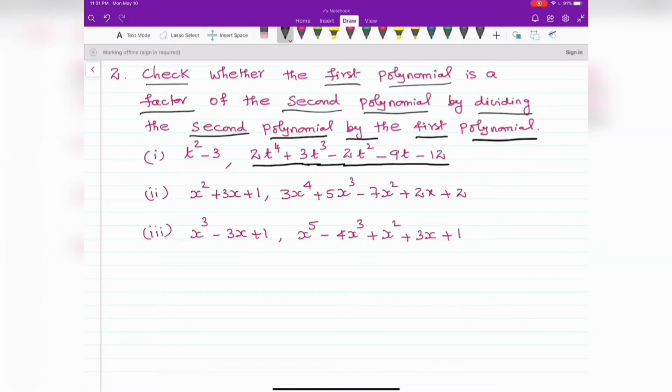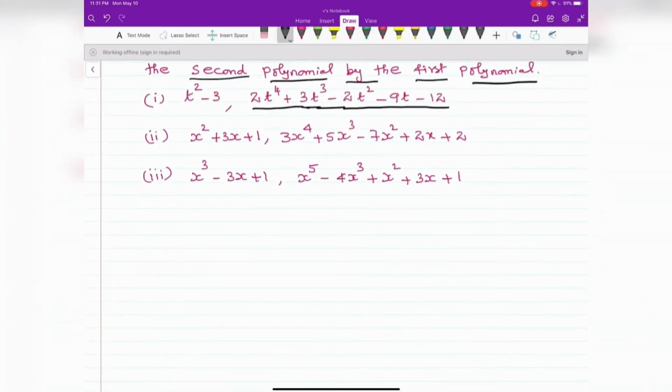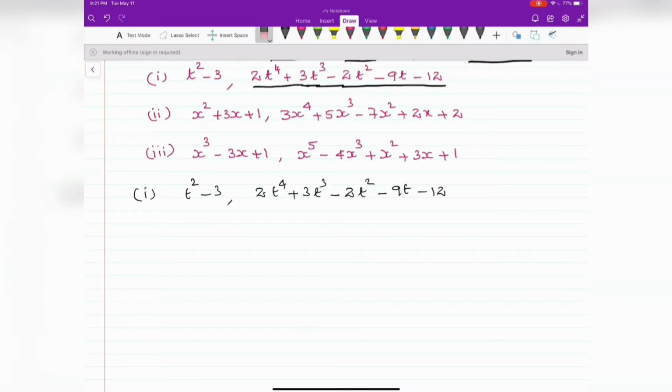So let us do it now. The first subdivision: t square minus 3, then 2t power 4 plus 3t cube minus 2t square minus 9t minus 12. Solution.